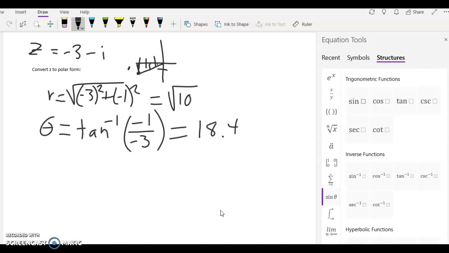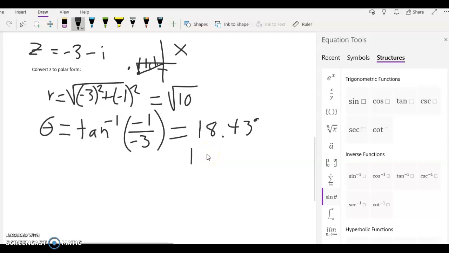18.43 degrees. But then this is why the picture is so important, because if I look at 18.43 degrees, that would be up here, and that's obviously not where we want to be. Remember, anytime we use inverse tangent in the calculator, it is giving us the one position that the inverse tangent can exist, which is in the first or fourth quadrant. But of course, we need this to be in the third.